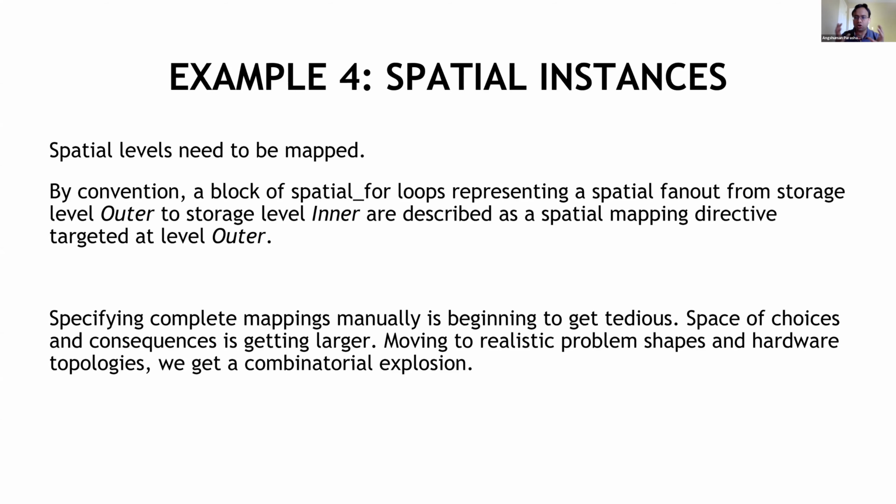And as these architectures become more and more complex, and remember, this is still a simple 1D convolution with output channels, as your problem dimensions keep increasing, the complexity of your mapping keeps growing, and the sophistication of the thought process you need to come up with an optimal mapping keeps growing. It just becomes intractable at some point.